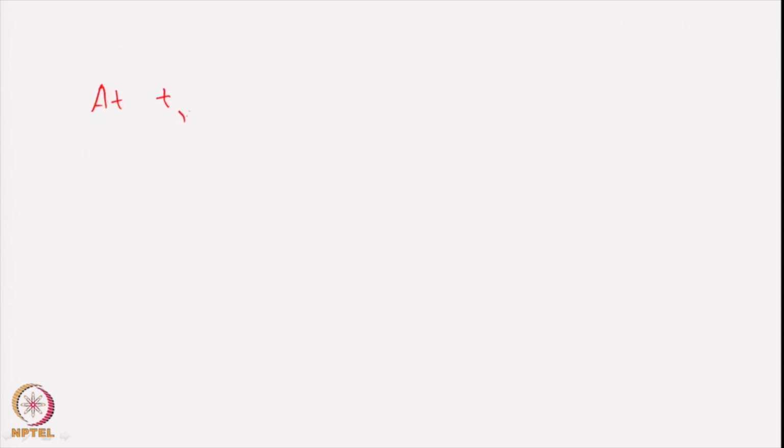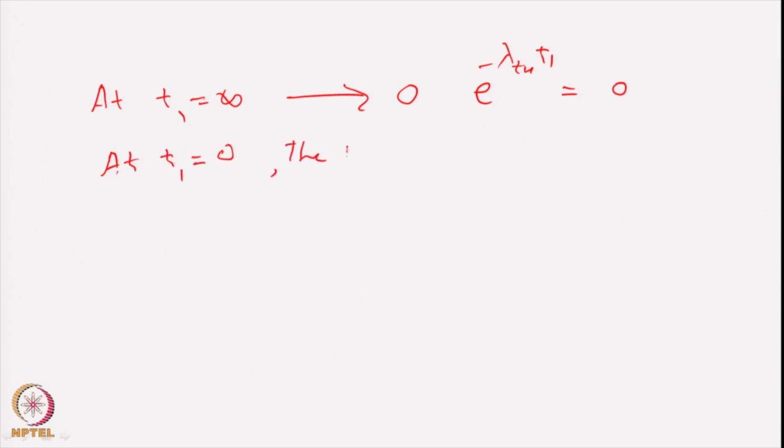At T1 equal to infinity, the term goes to 0 because e to the minus lambda Tu T1 is equal to 0. At T1 equal to 0, the numerator is equal to 1.